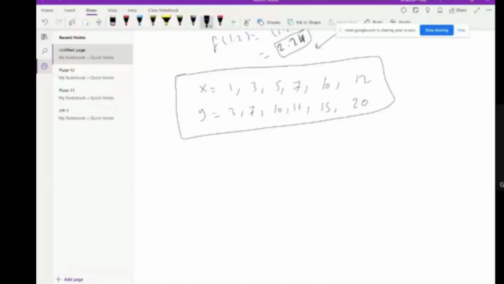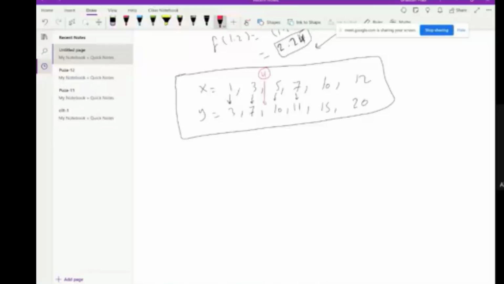As an equation. For example, when x equals 1, y equals 3, and when x equals 3, y equals 7, and 5 gives me 10, 7 gives me 11. What if I have x equal 4? What will y be? This is named curve fitting.